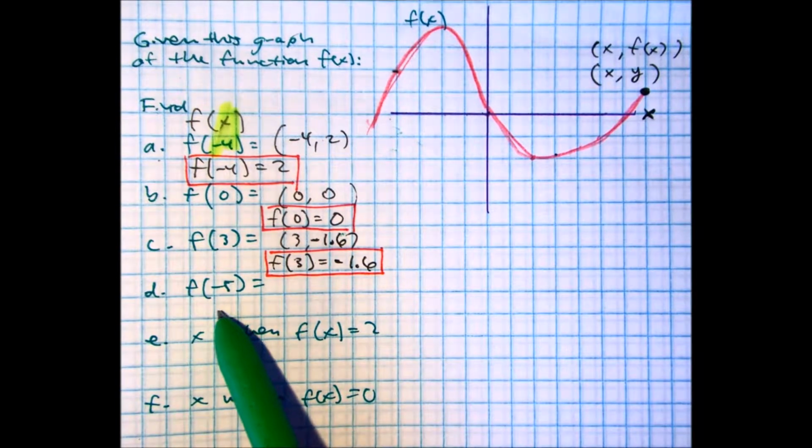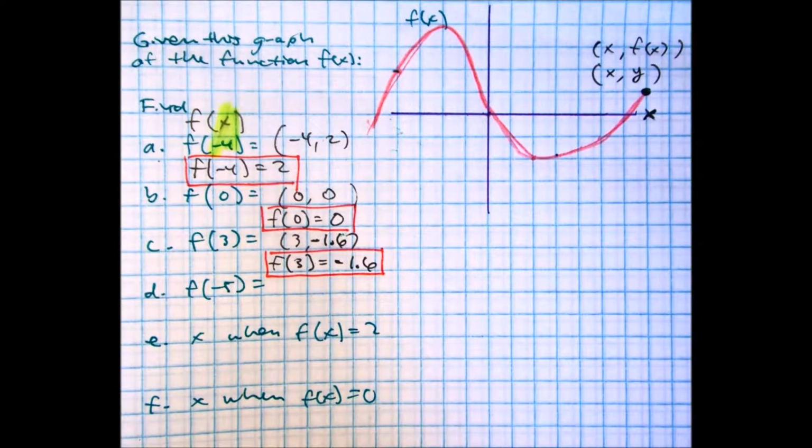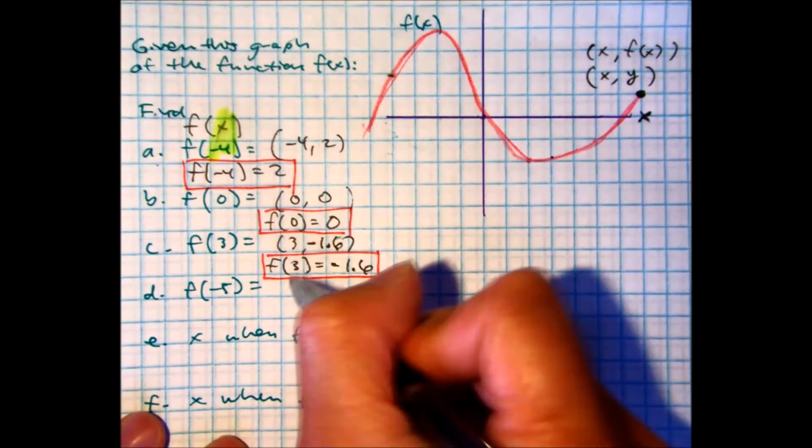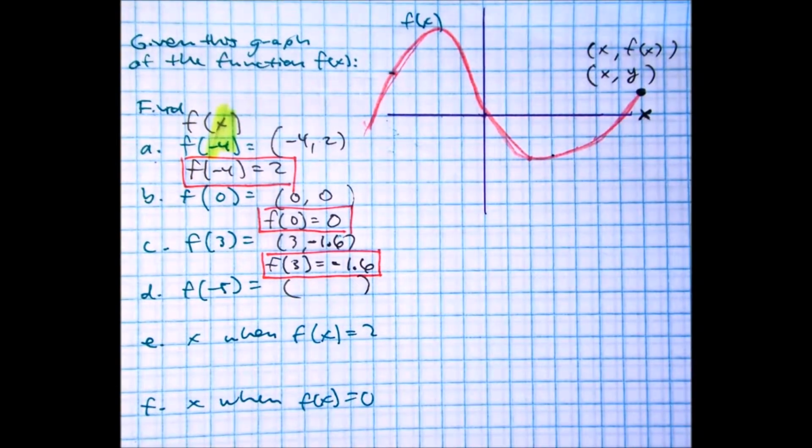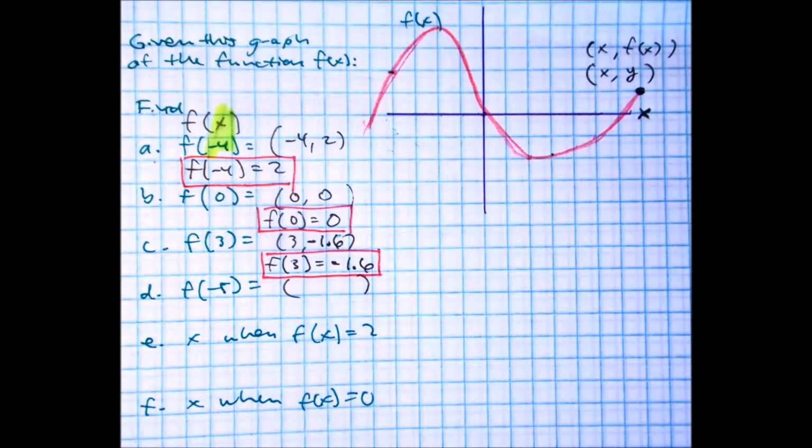Partner B, tell partner A, what do you think the ordered pair is going to be? Where does that go? Janet, what is your x value?